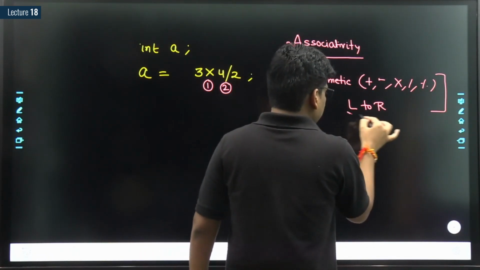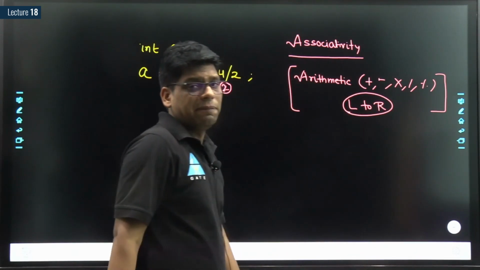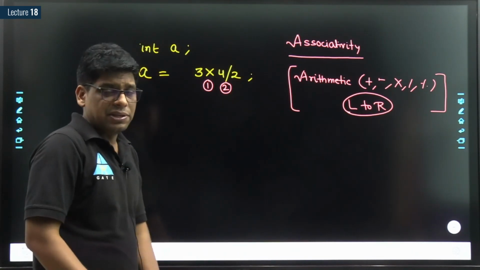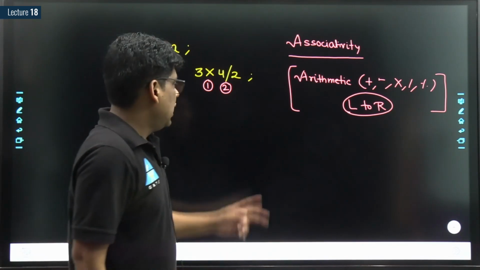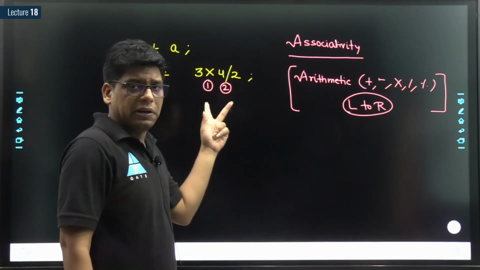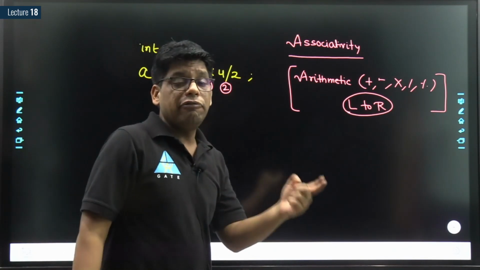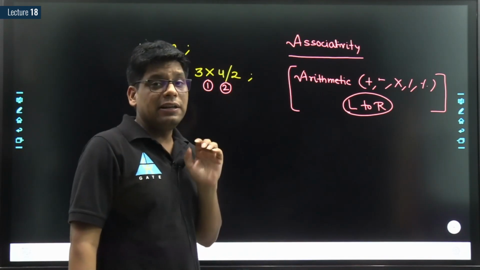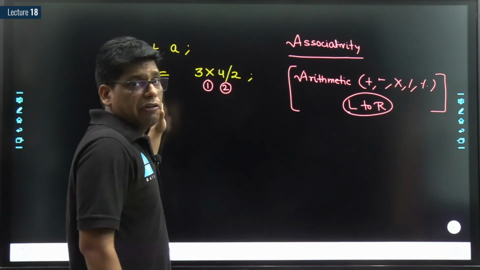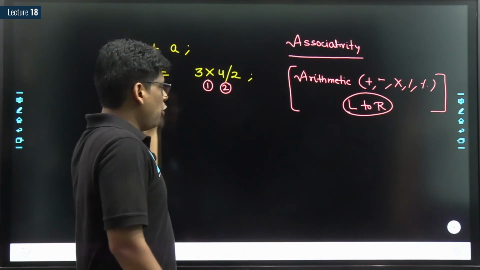What is the meaning of left to right associativity? We are saying something like this: if we have multiple operators of same priority, perform that one first, that comes first when we move from left to right.